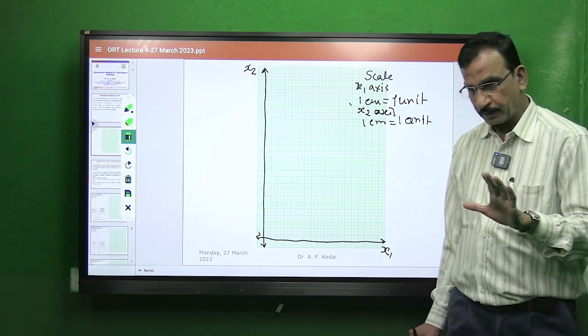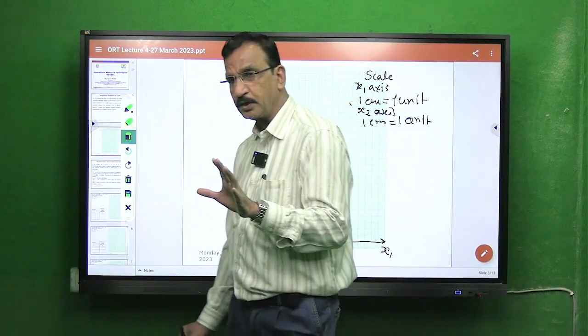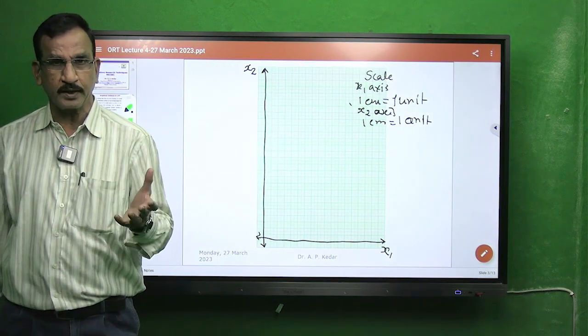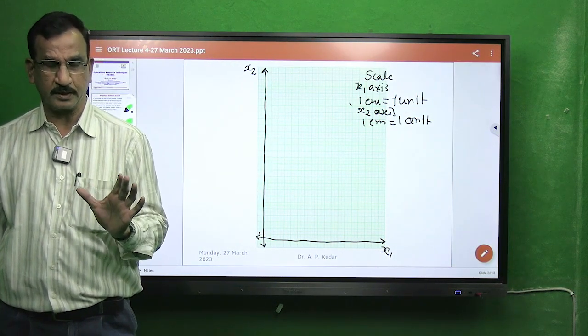So how to decide what scale is to be selected? It depends on the digits you get from the equation of the straight line.